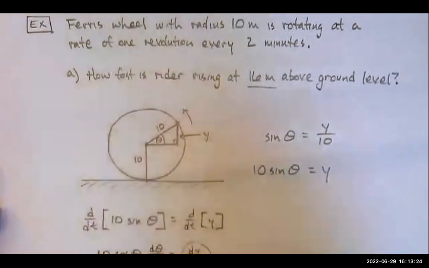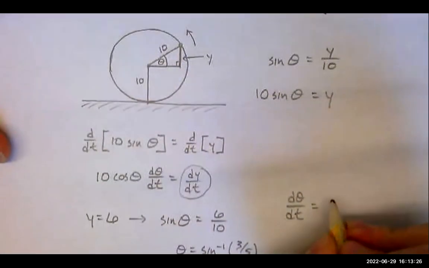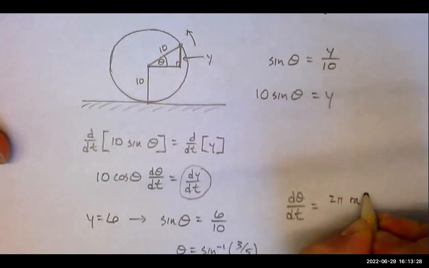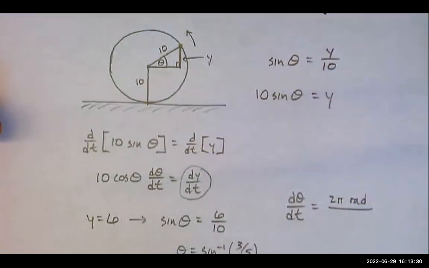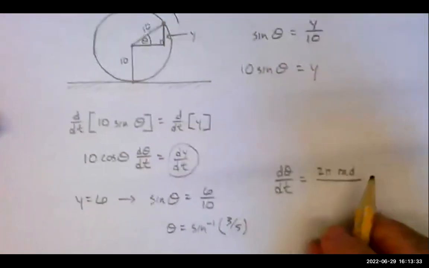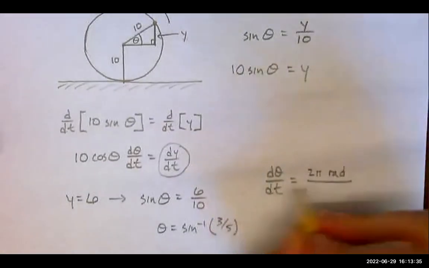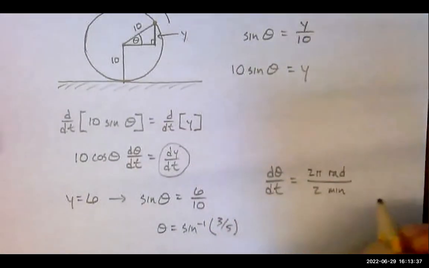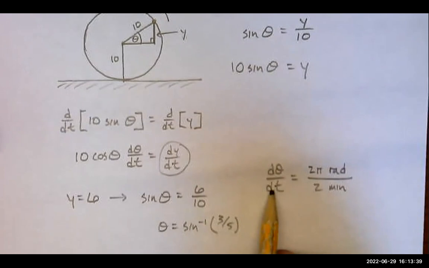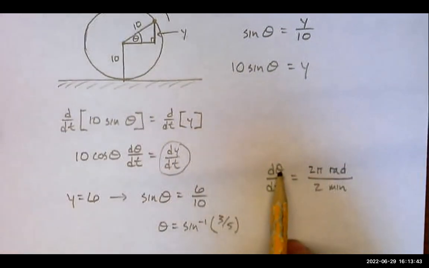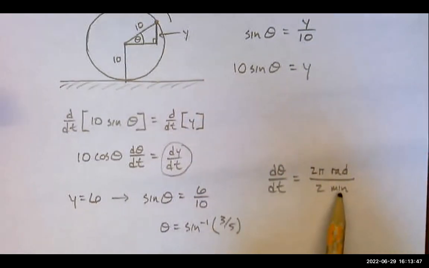Now to go all the way around, that's 2 pi radians. And we'll divide that by how long it takes, 2 minutes. Notice that d theta over dt, check out the units. The units of theta is radians. The units of t here is minutes.